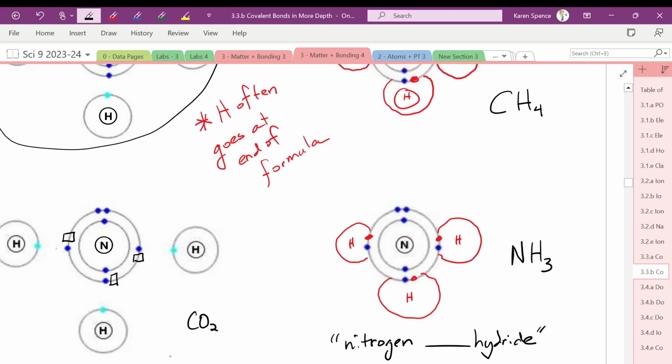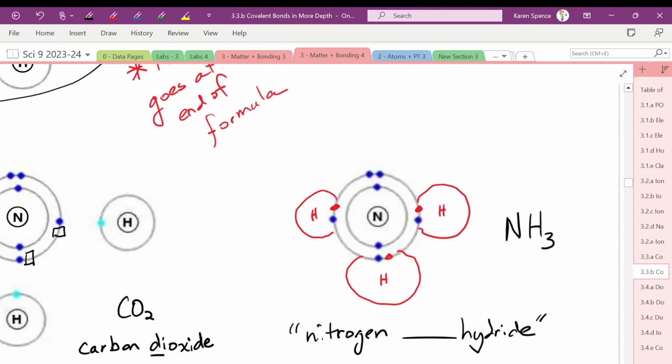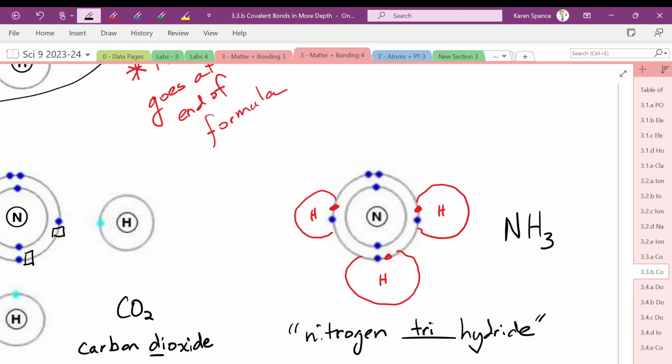Remember, CO2 is carbon dioxide. It would be nitrogen trihydride. But sadly, this is a really common compound, so we don't give it its standard name that's easy to figure out once you know the rules.